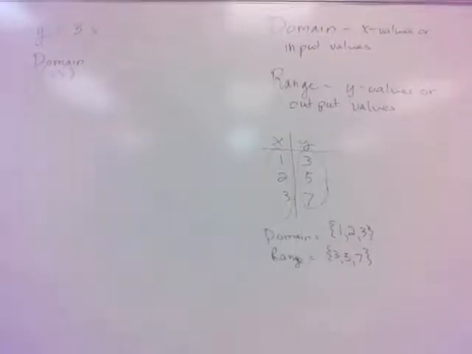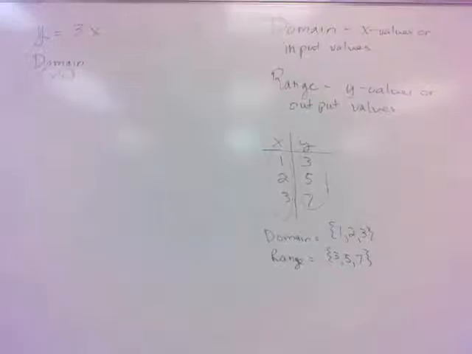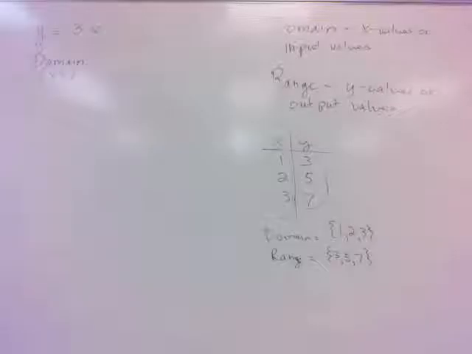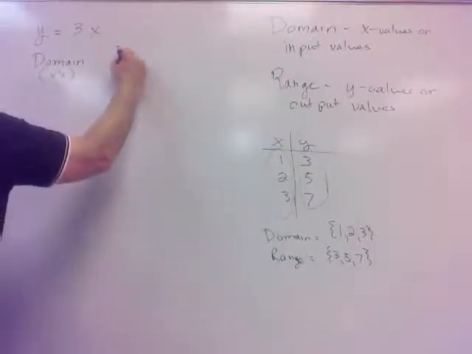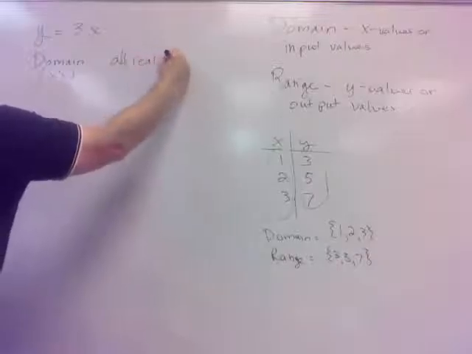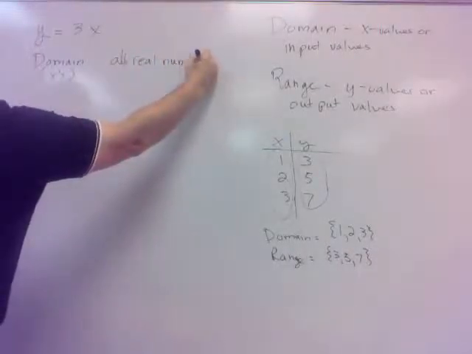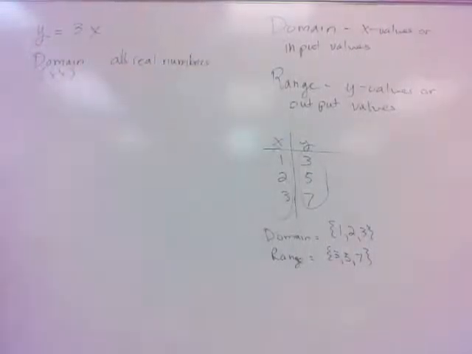When you come to an equation like this, you're thinking, what can x be to get real number values here? In this case, what can x be? It could be anything. We could say any real number or all real numbers. One way to say it.